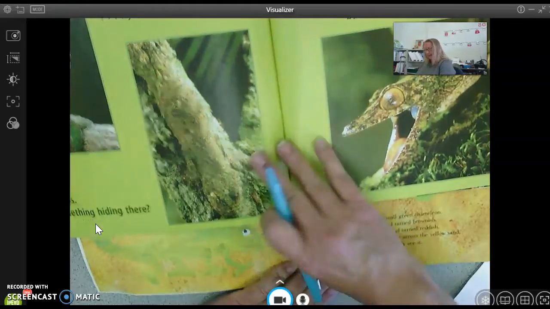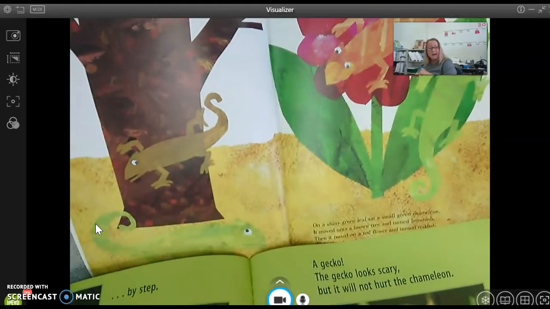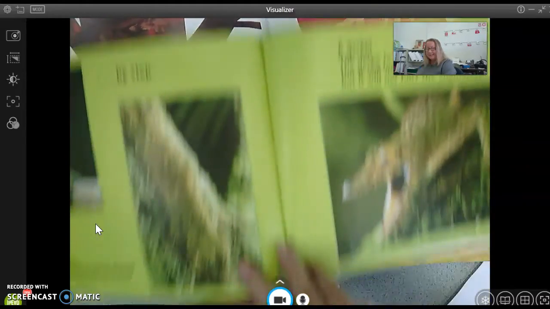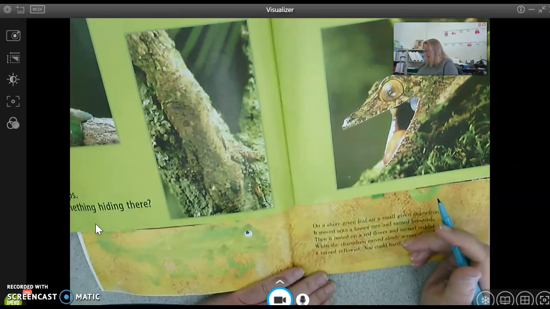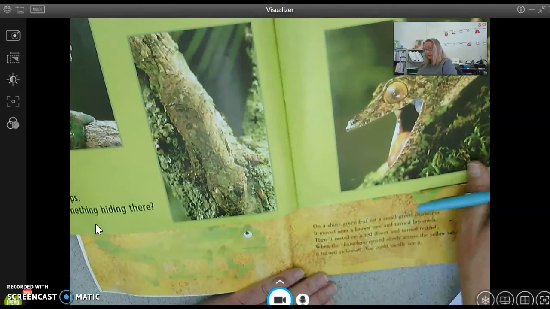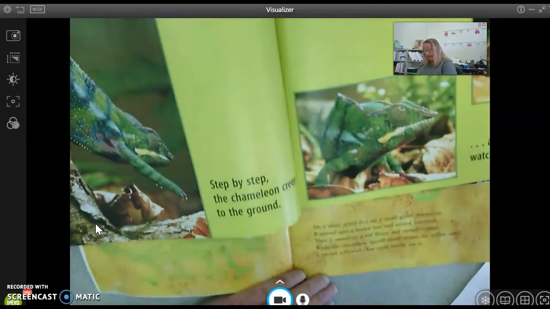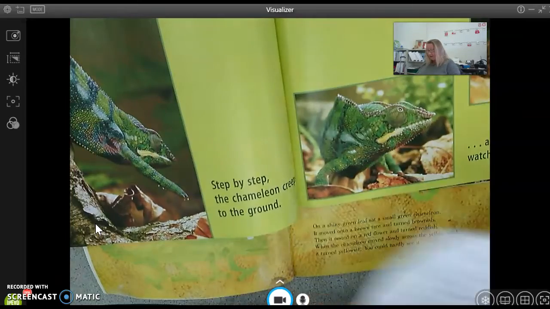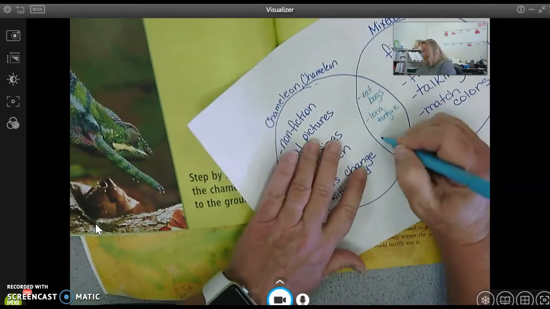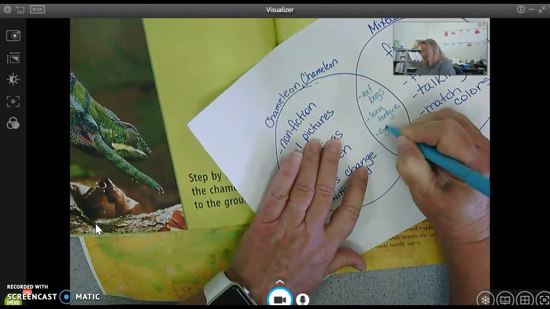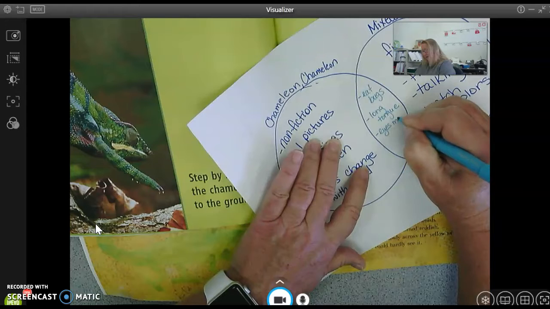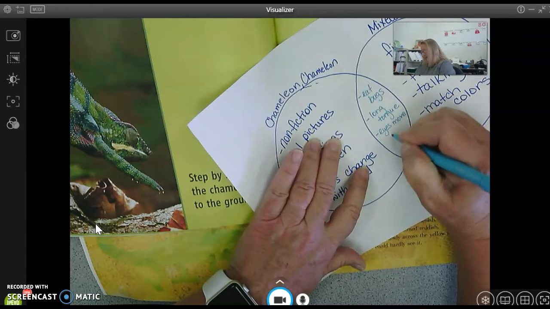See, like in the Mixed Up Chameleon, the chameleon was able to look from side to side. And in Chameleon Chameleon, he was able to look from side to side also. So the eyes move side to side.